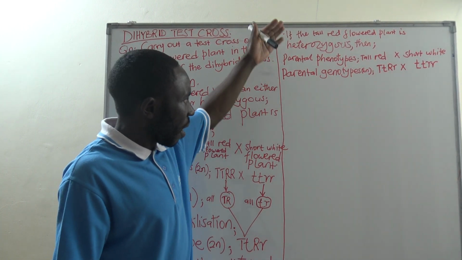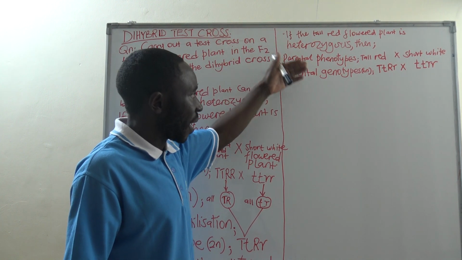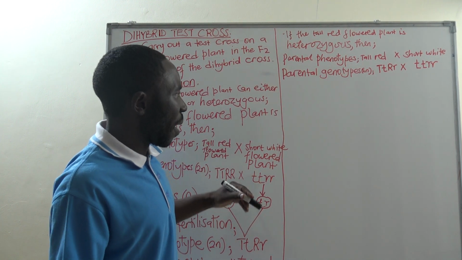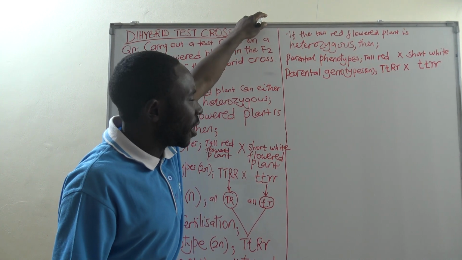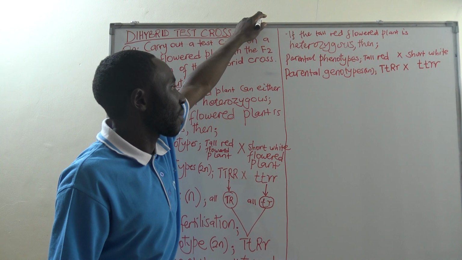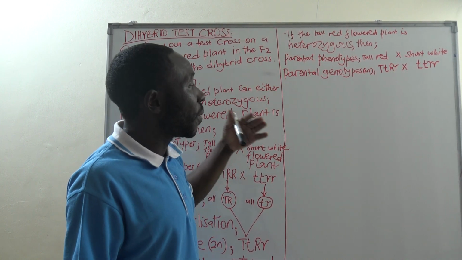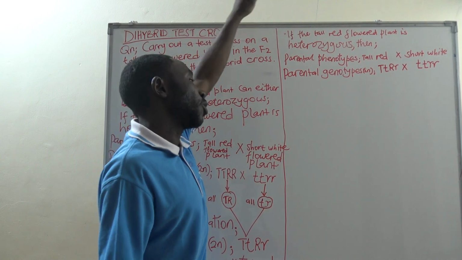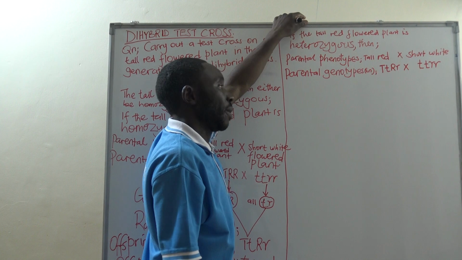That is where we are, when the tall red flowered plant is heterozygous. Now, during segregation of the genes and independent assortment, we shall have new allele combinations. This genotype gives us 4 allele combinations.